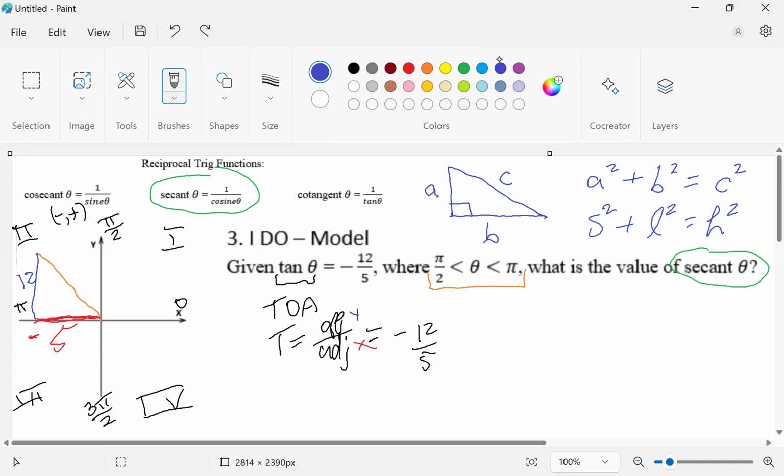Notice that our unknown here right now is the hypotenuse, because there's our right angle, and then across from the right angle is the side that we don't know. So we can use our Pythagorean theorem with the lengths of the sides.